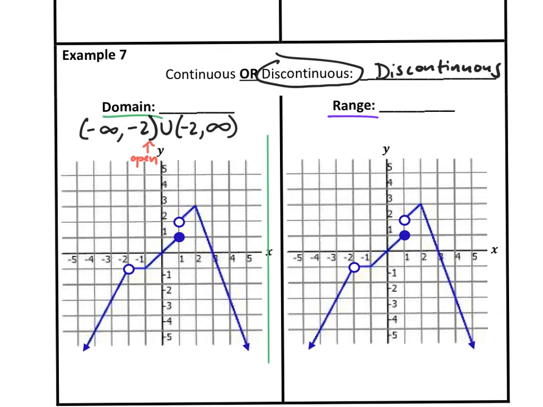So let's put the spaghetti stick horizontal. Then we're going to scan from the bottom to the top. As I look at the bottom, there's arrows. So arrows mean infinity, right? But since we're scanning on the y, remember the y's are negative down here, so it's going to go towards negative infinity.